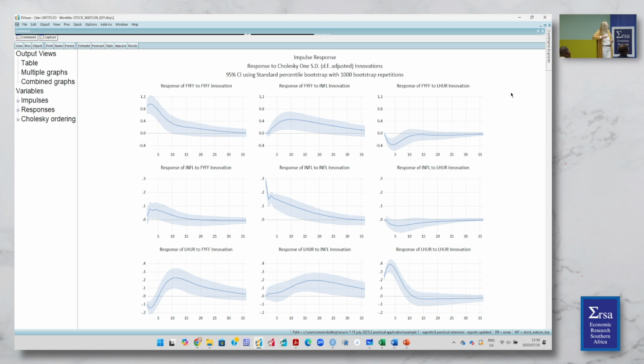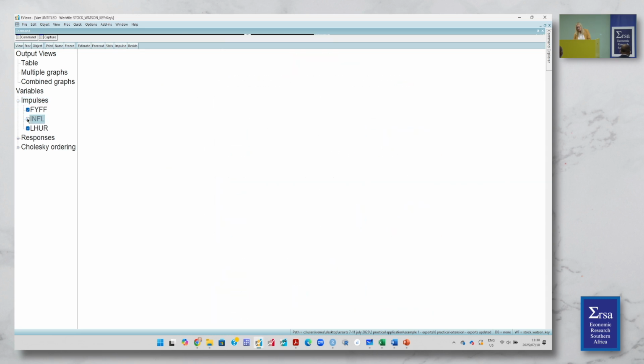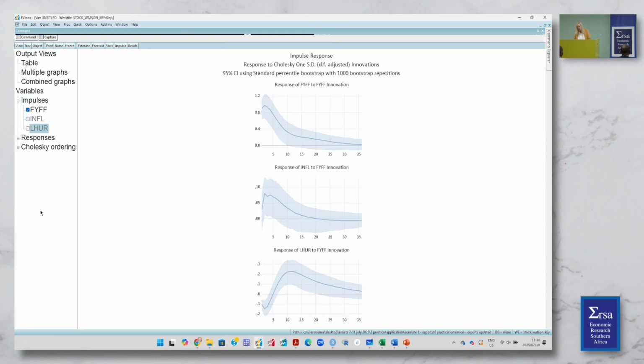And with higher unemployment, what will happen to the federal funds rate? So to make it easier to interpret, we can firstly use the wizard here and untick the other variables so that we can zoom in on the impact on the other variables, inflation and unemployment.